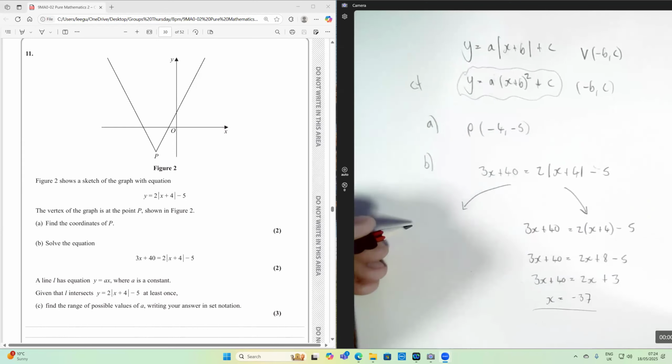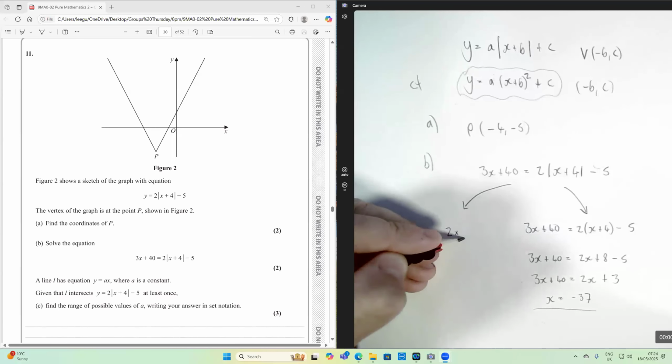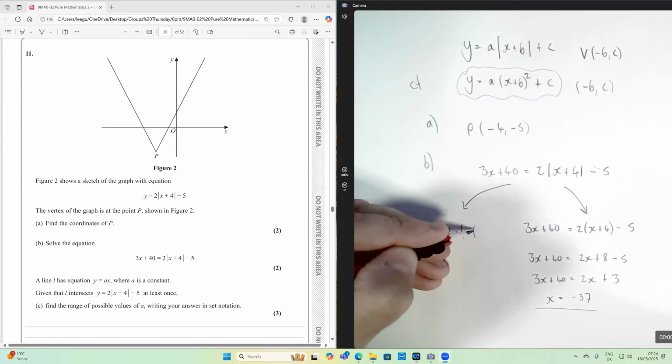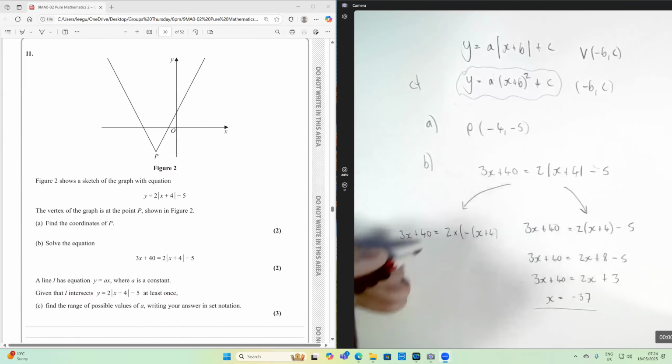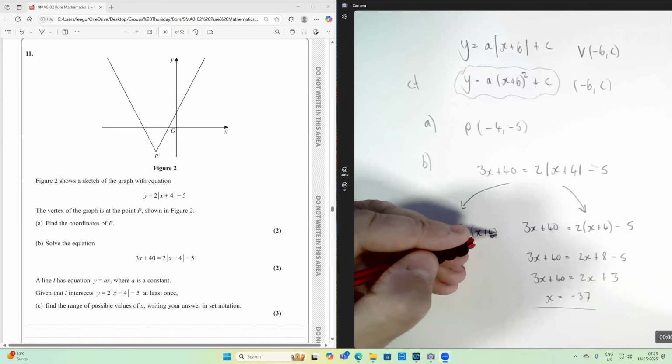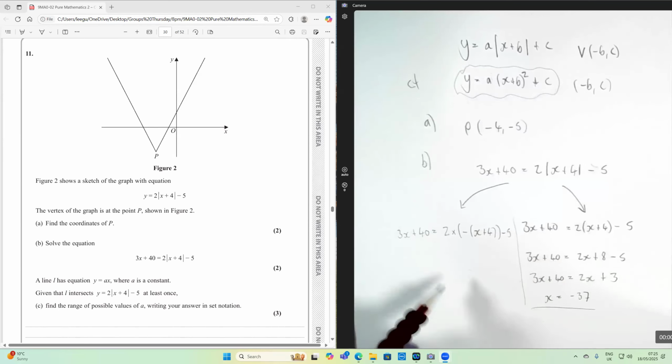And now we're going to solve it with a minus in front. So 3x add 40 is equal to minus 2 times, I'm going to put it in brackets just to emphasize the fact that what's happened is that the minus has been put in front of that bracket. Okay, so that's why I'm putting it in that kind of format.